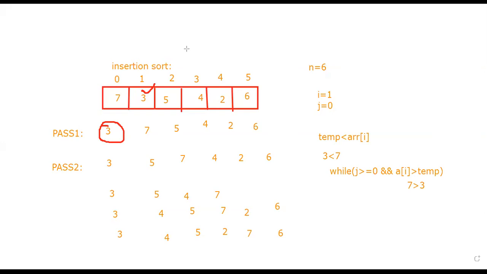This is one operand: j greater than or equals to 0 is one operand. And another one is A of I greater than temp. This is another operand. If both the operands are true, this condition is true, this condition is also true.